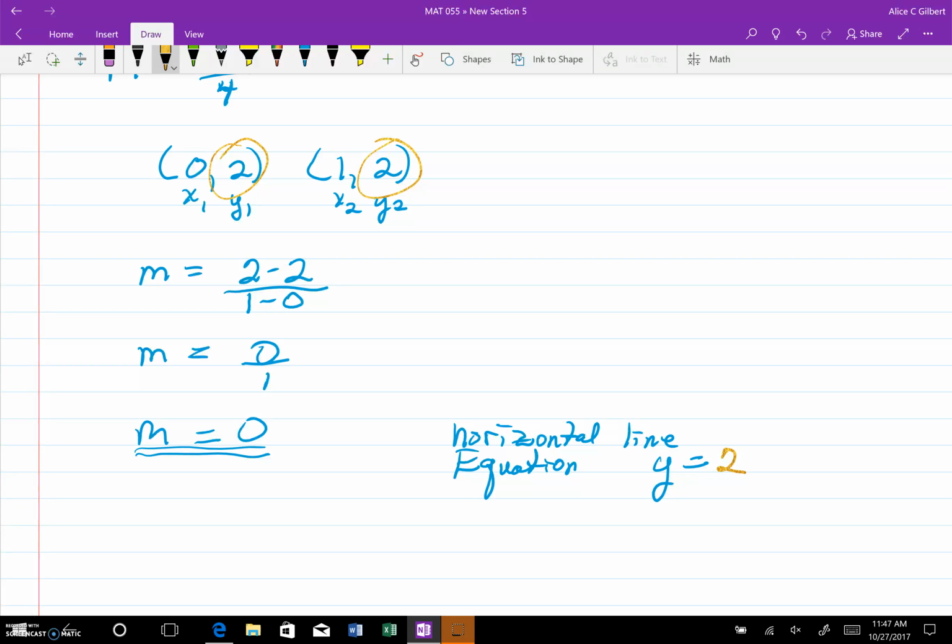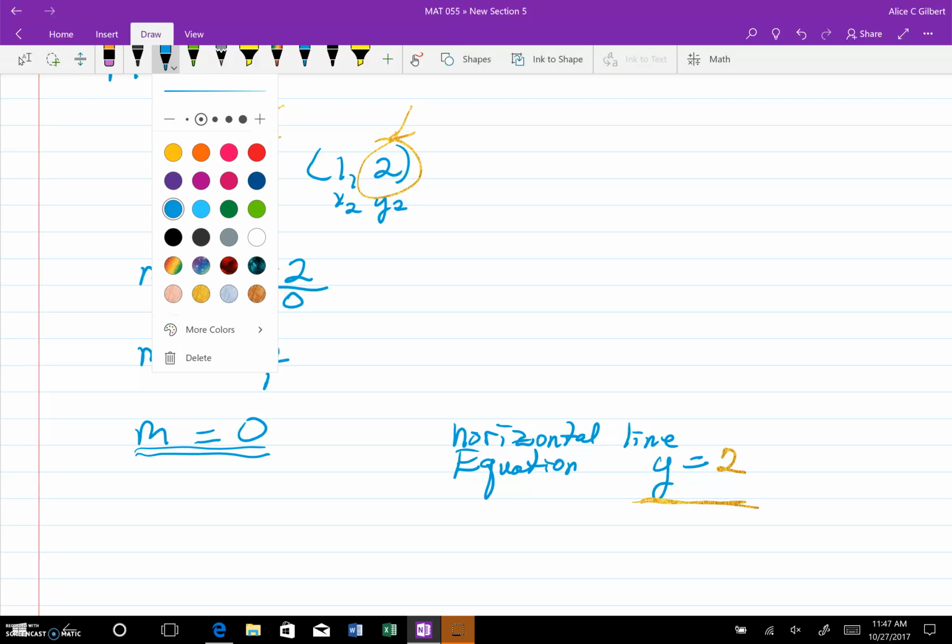So if you notice that when you have 2 points, the y coordinates are both the same, automatically you should go, oh, that's a horizontal line, so my slope is 0. If that's all you're trying to find, you're done. If you are also trying to find the equation, then it's just y equals whatever the y coordinate is.